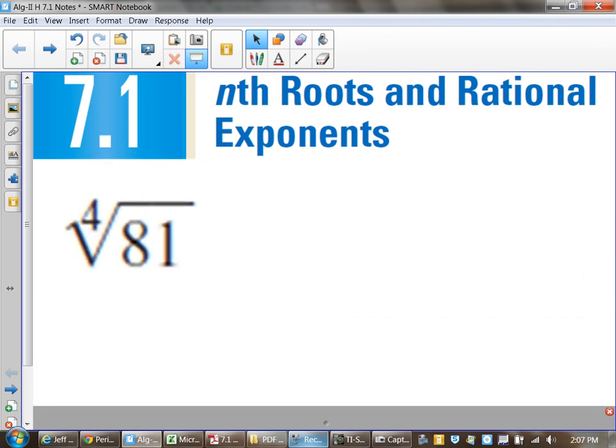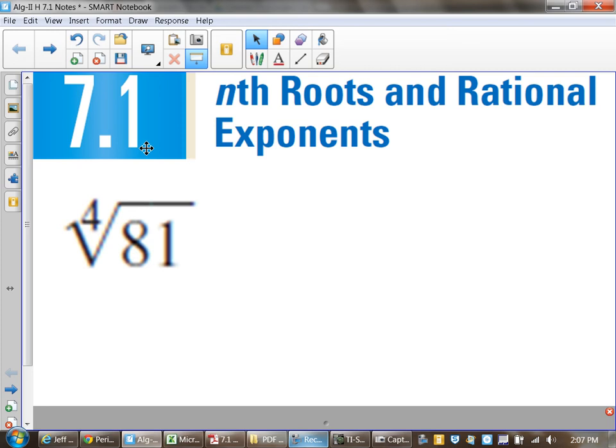What I'm going to start with is the fourth root of 81. Now, when you looked at the square root before, you would ask yourself the question, what times what is the number underneath the radical? If I'm talking about the fourth root, I'm asking what times what times what times what is 81.